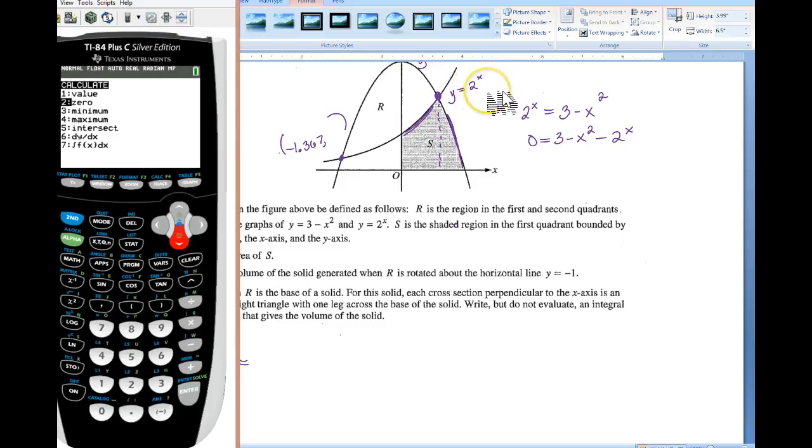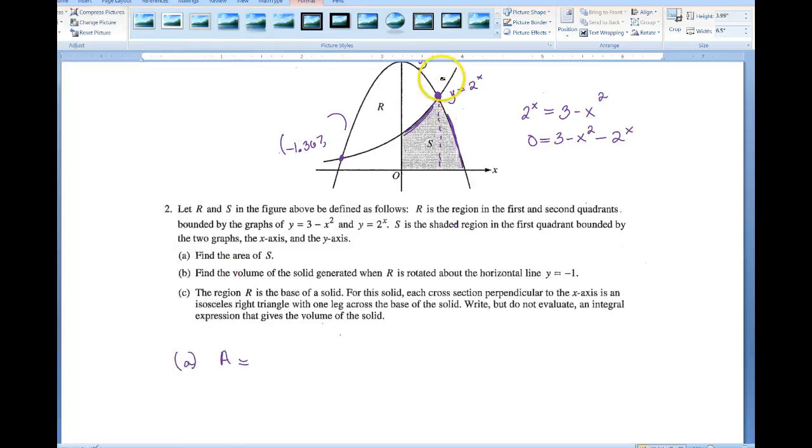I got 3 minus x squared minus 2 to the x. So I can find the zeros of that. That's good, because that'll basically solve my equation. Okay, and I get 1, comma, whatever.